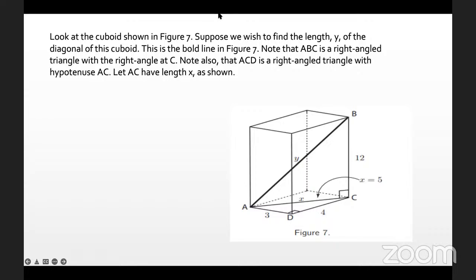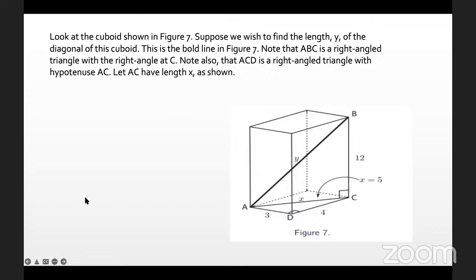Okay. So the first question we're looking at. Look at the cuboid shown in figure 7. Suppose we wish to find the length, y, of the diagonal of this cuboid. This is the bold line that you can see in the diagram.